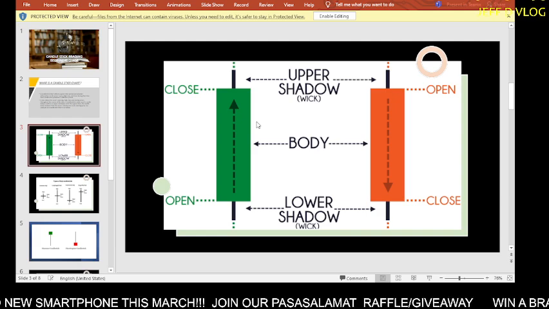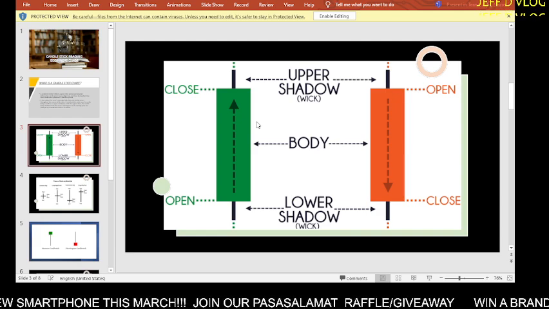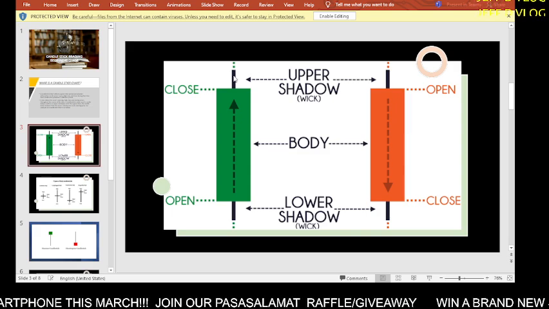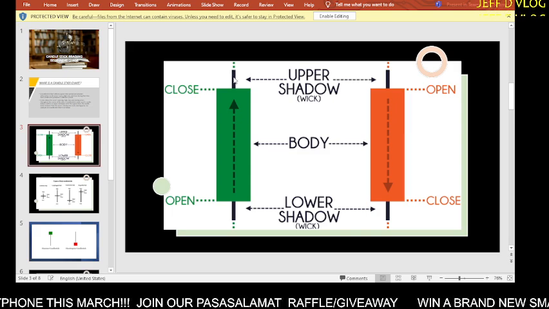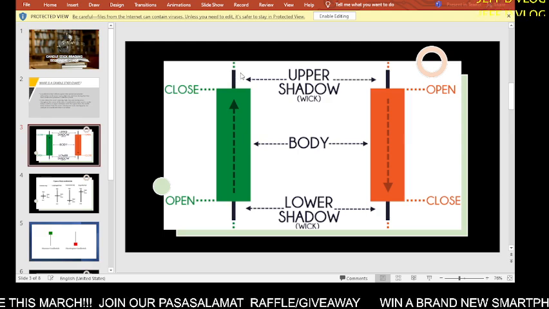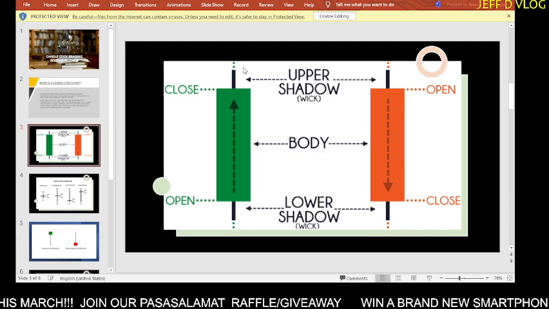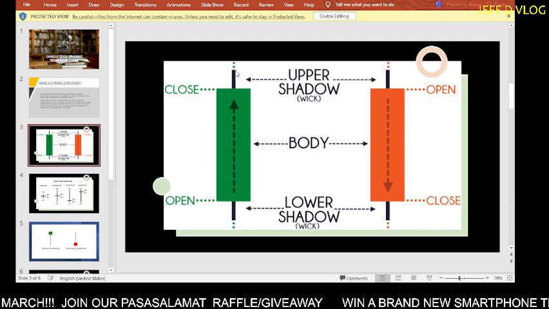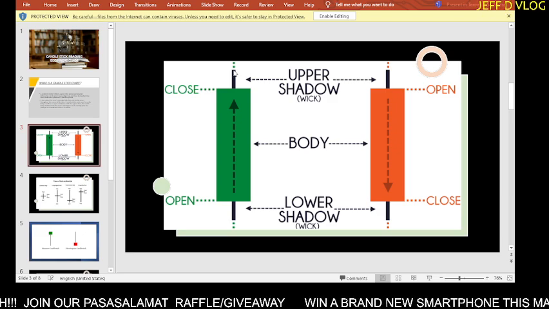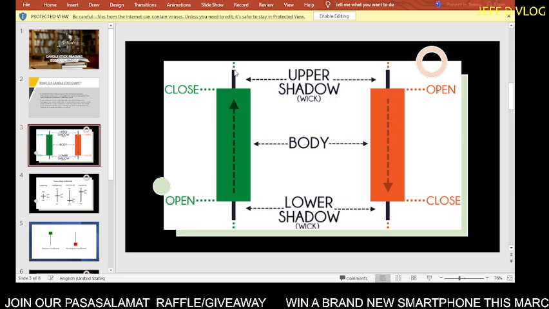They are mostly referred to as shadows. The upper wick, or upper shadow, indicates the greatest price achieved throughout the time. Whatever the greatest price achieved, it will stop right there and have that kind of wick.